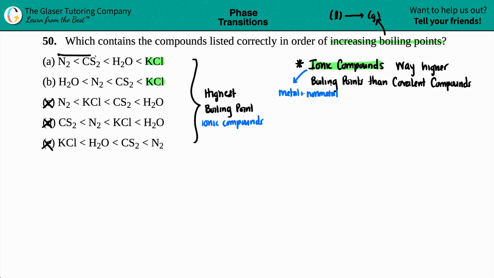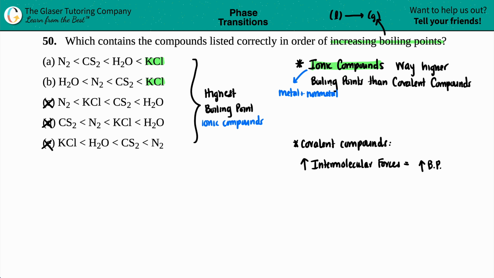Now, these are all covalent compounds, so there has to be a little bit more thinking. For covalent compounds, the consensus here is that the higher the intermolecular forces that you have, whether it's dispersion or dipole-dipole or hydrogen bonding, the higher the boiling point.